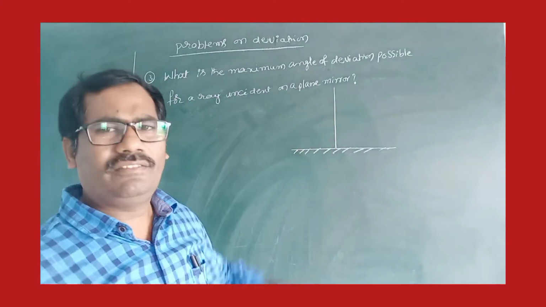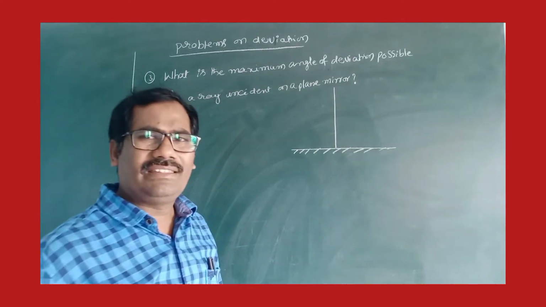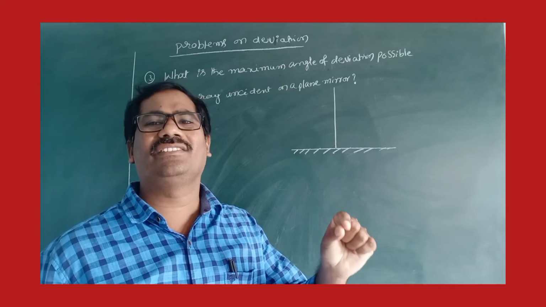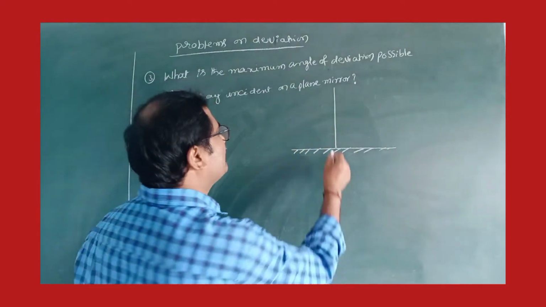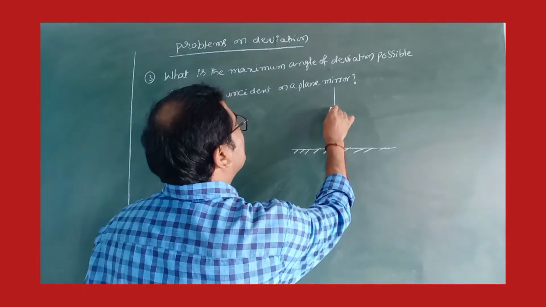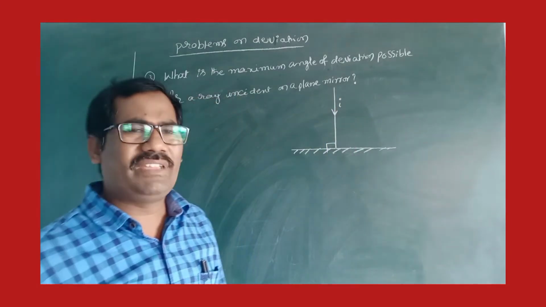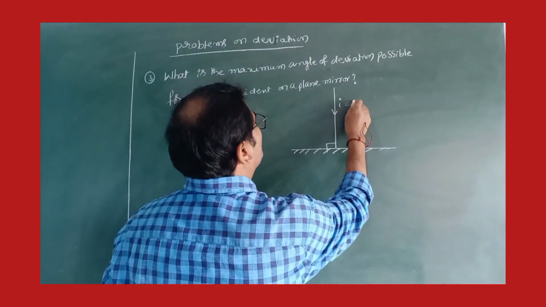In this case, the light ray travels in a perpendicular direction, incident on the plane mirror. That is the incident ray, so i equals 0.